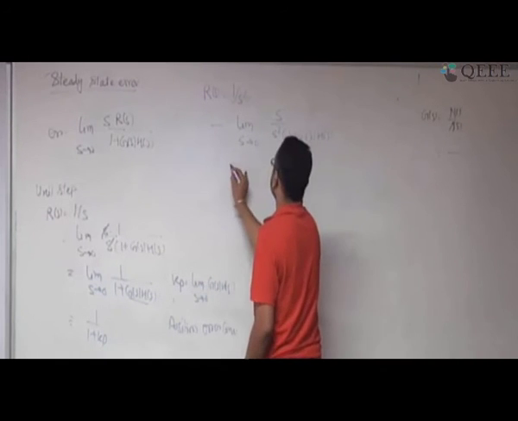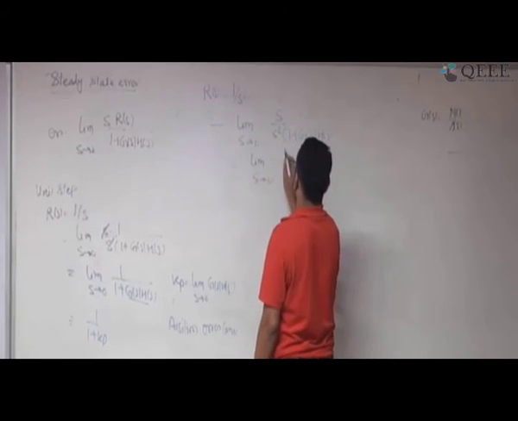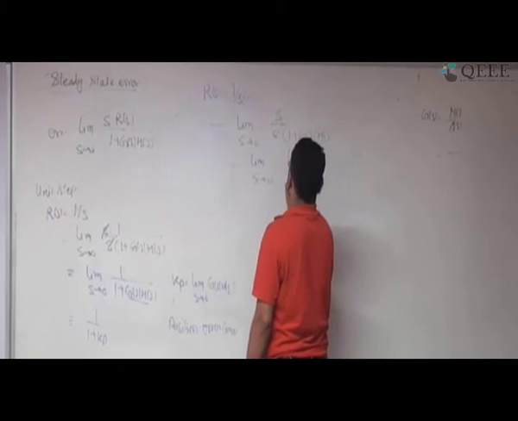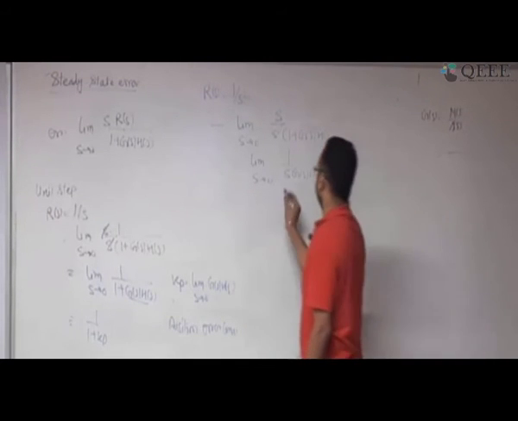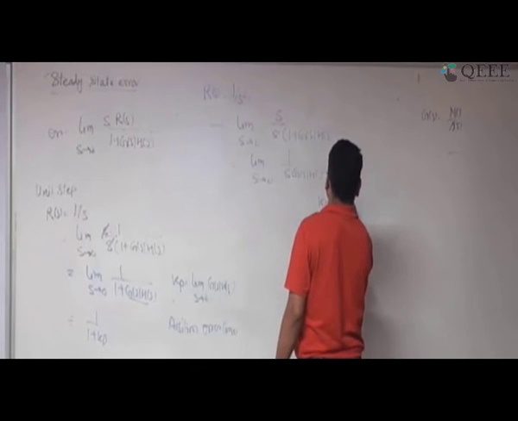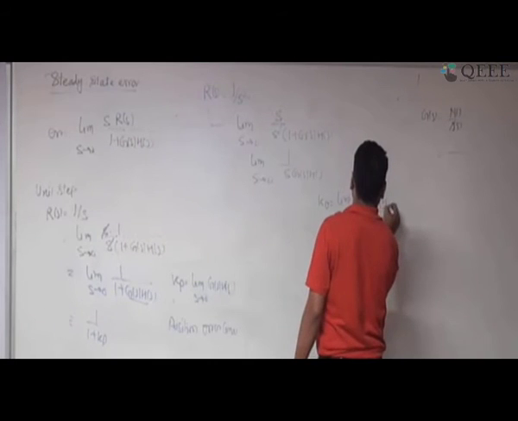Now your s will get cancelled out, and 1 by s G(s)H(s) remains. Now let me define a term called Kv, limit s tends to 0 of s G(s)H(s).